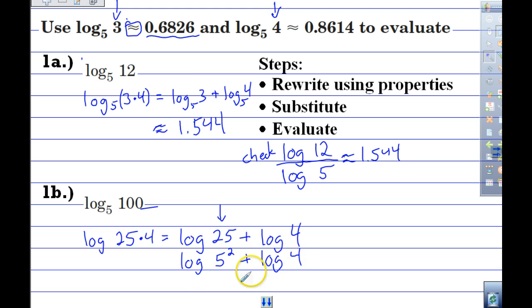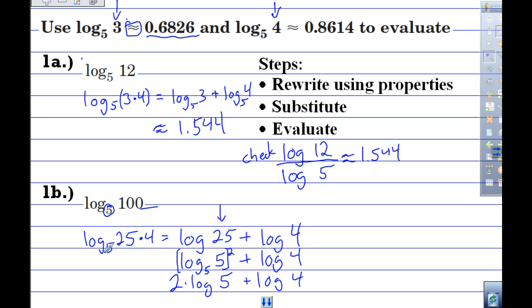Alright. So remember, we could find out, well, 5 to what power equals this? It's the same as 2 times log of 5. So I can figure out what the log of 5 is first, and then just multiply that by the exponent 2. And by the way, these are all base 5.